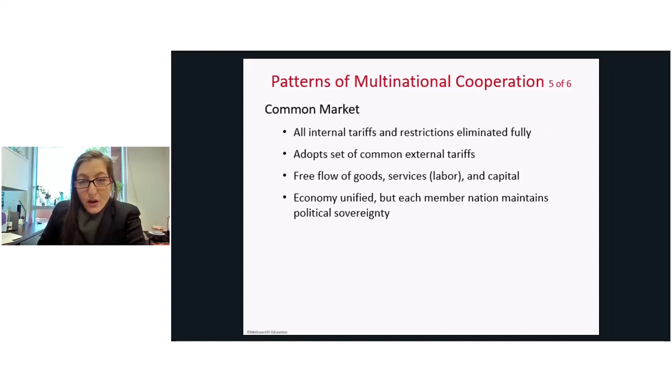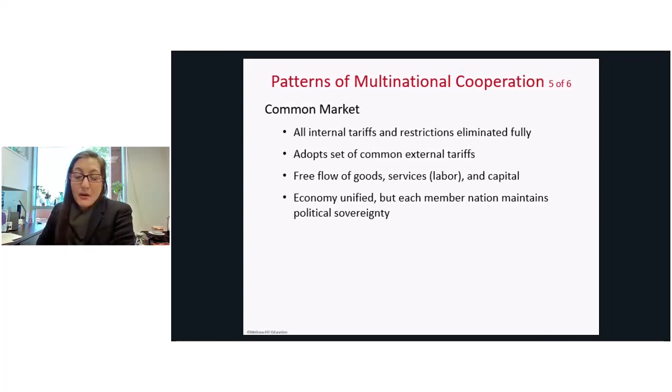Okay, progression of multinational cooperation then moves to a common market. So the European Union evolved from the development of a common market, and that was the European Economic Community, the EEC.